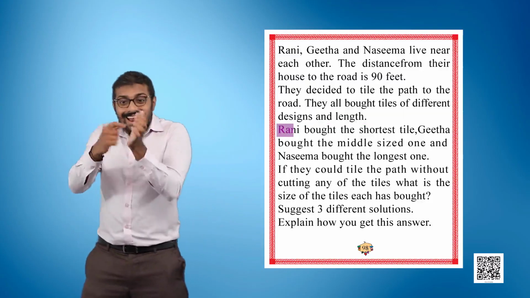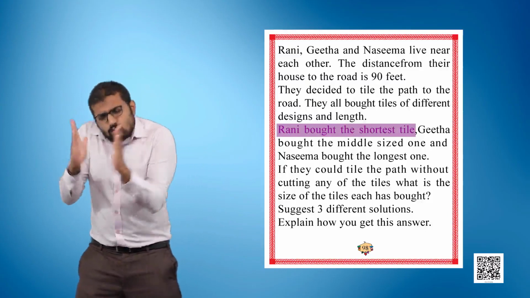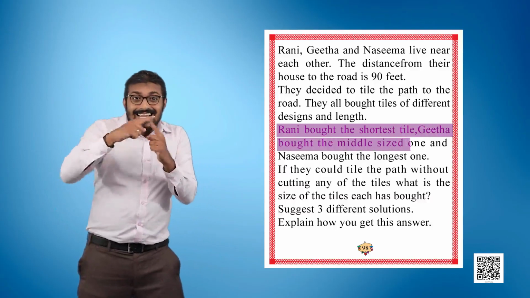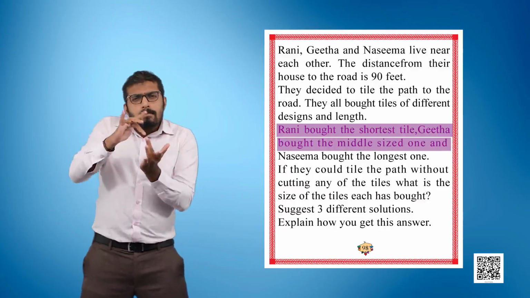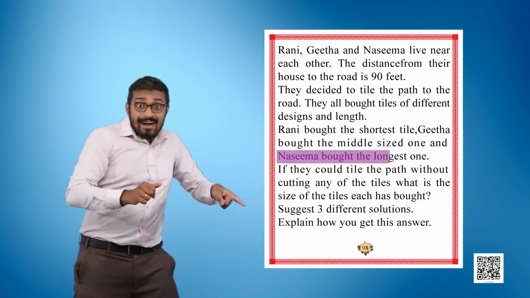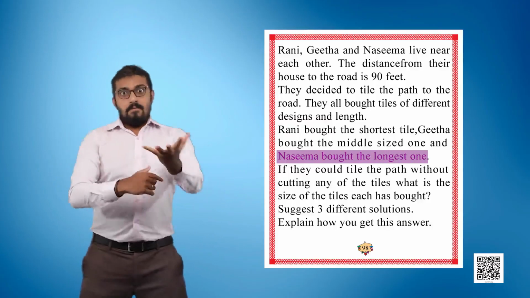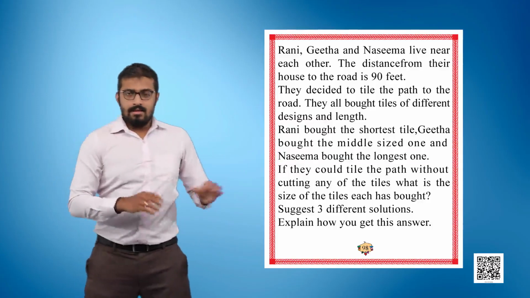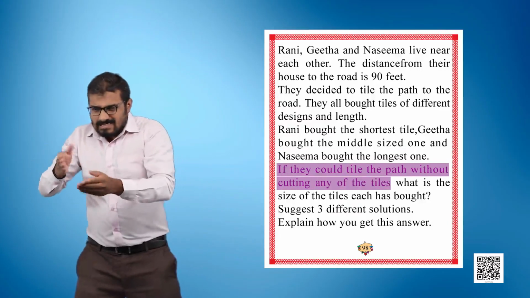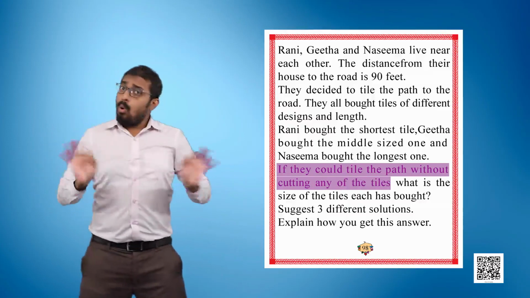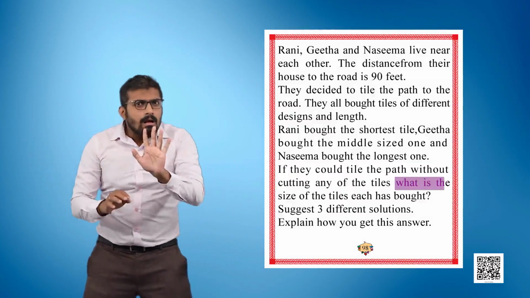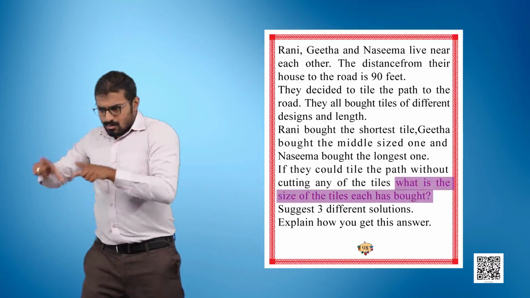Rani bought the shortest tile, Geetha bought the middle-sized one, and Nasima bought the longest one. If they could tile the path without cutting any of the tiles, what is the size of the tiles each has bought?